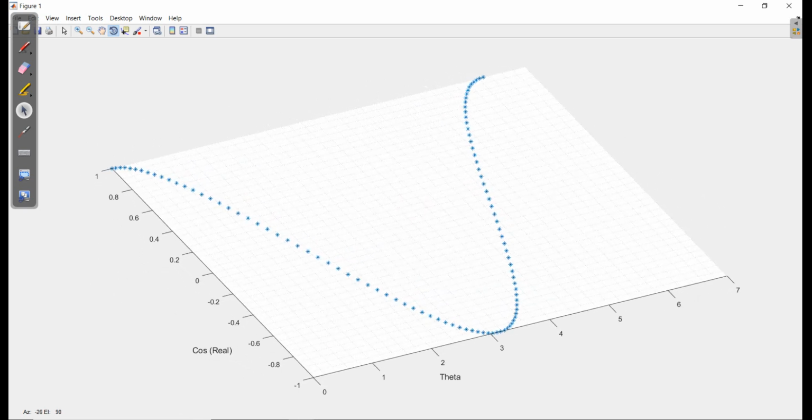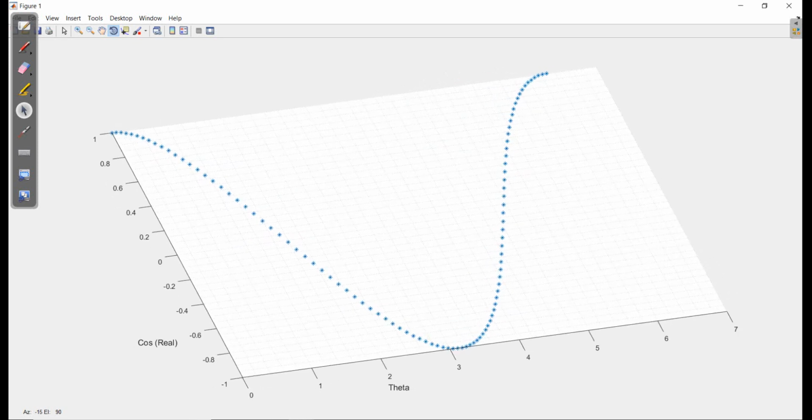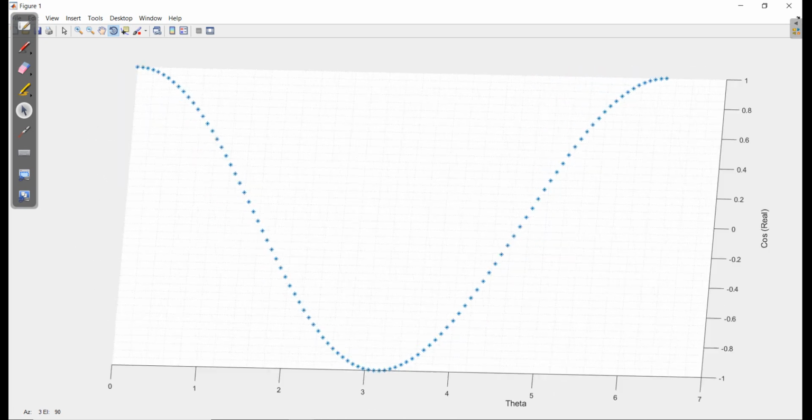You can see that this is simply the cos signal, the projection of the complex exponential onto the real axis. To make it more clear, I will rotate this graph to visualize the real part, that is the cos part.